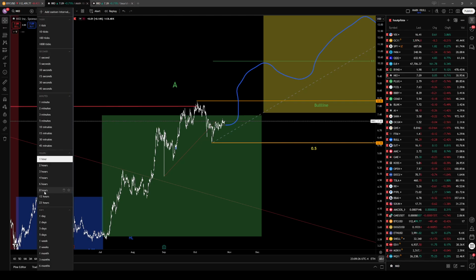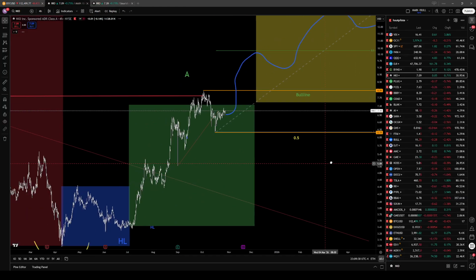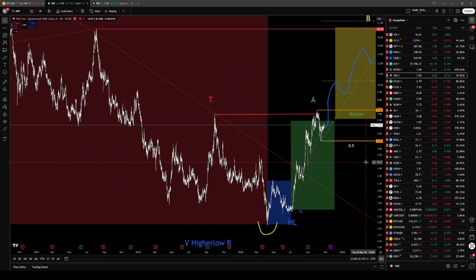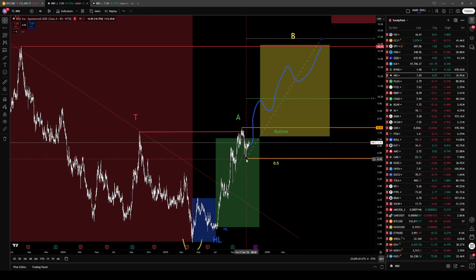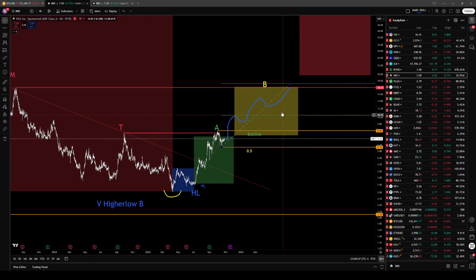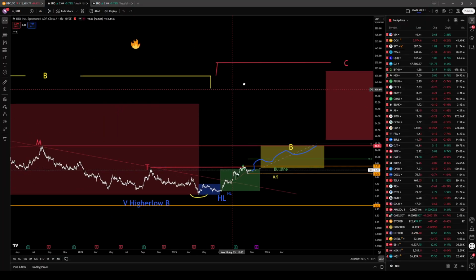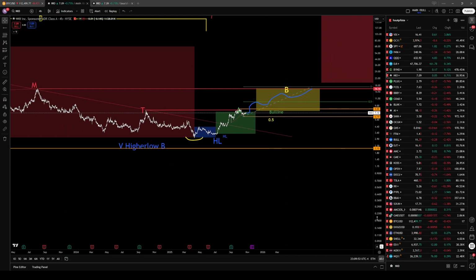Kinda nothing, except for the bullish version. You bounced on the 0.5. A pullback would be finished. You would break 8.07, your bull line. Your next target is 16. Then B pullback. And then you're breaking all-time highs.